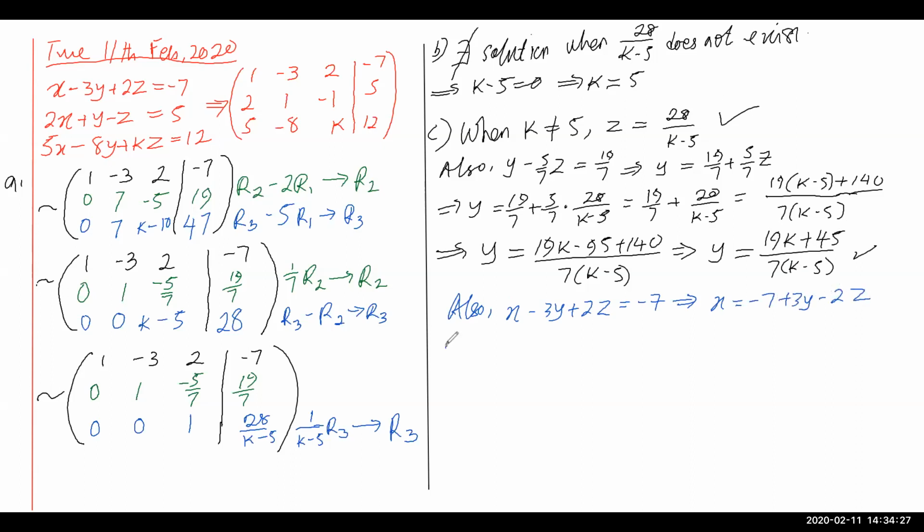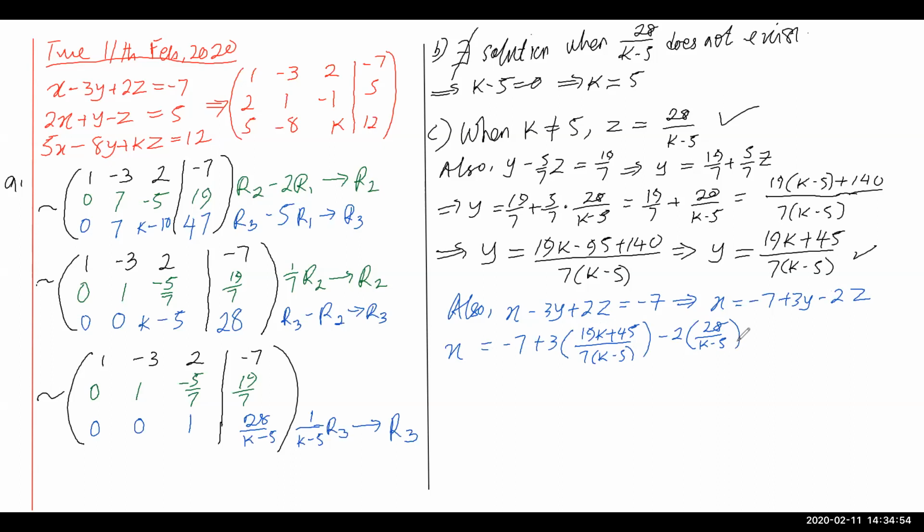So we substitute again. X equals negative 7, plus 3 times 19k plus 45 divided by 7 times k minus 5, minus 2 times 28 divided by k minus 5.